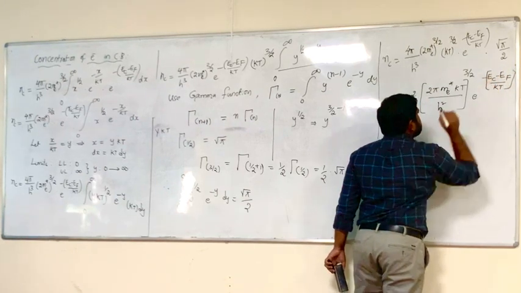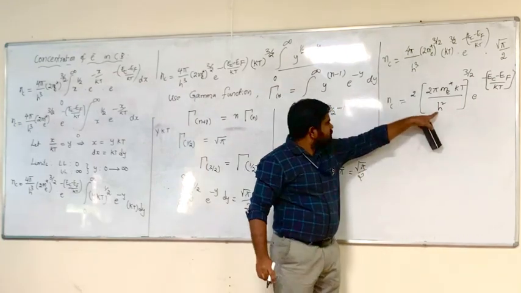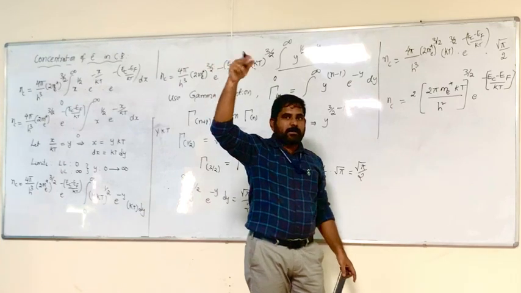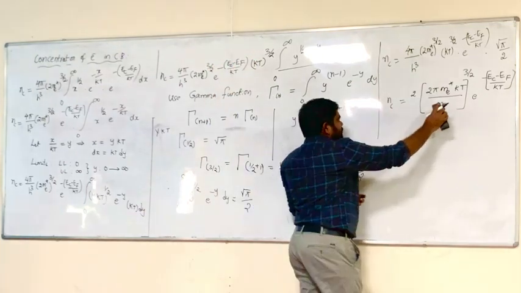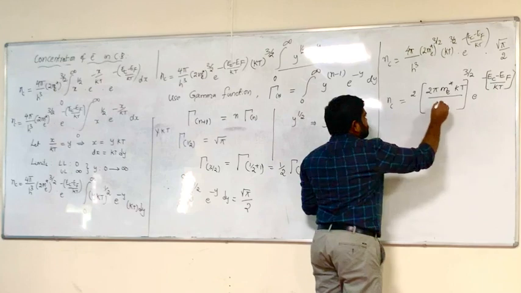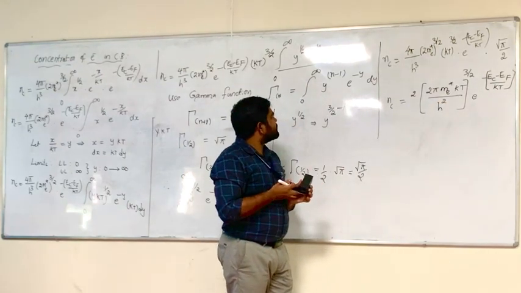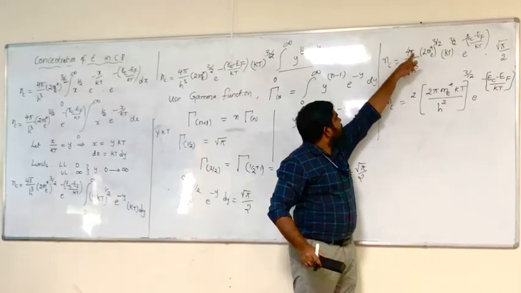What happened to h cube? It is h square to the power 3 by 2; the 2 will get cancelled and it becomes h cube. Here one pi is there.